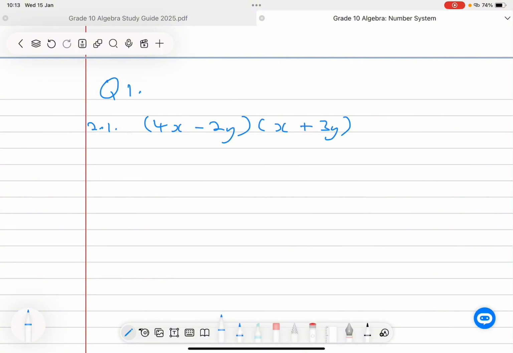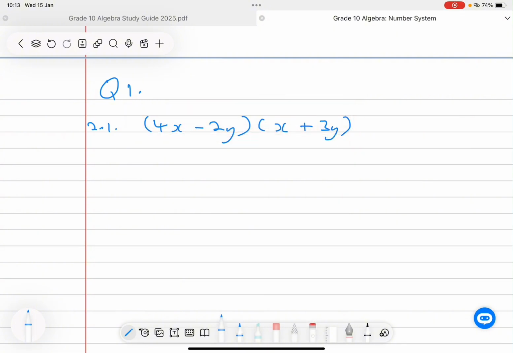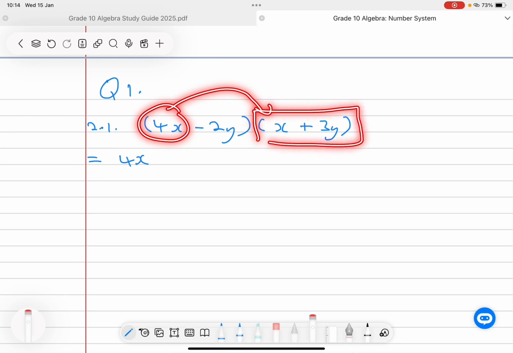Now, to simplify this expression, because there's a need for simplification, it is complicated when it's sitting like that in brackets. So to simplify this, naturally what you would think of would be to take the 4x and multiply it with this whole binomial.